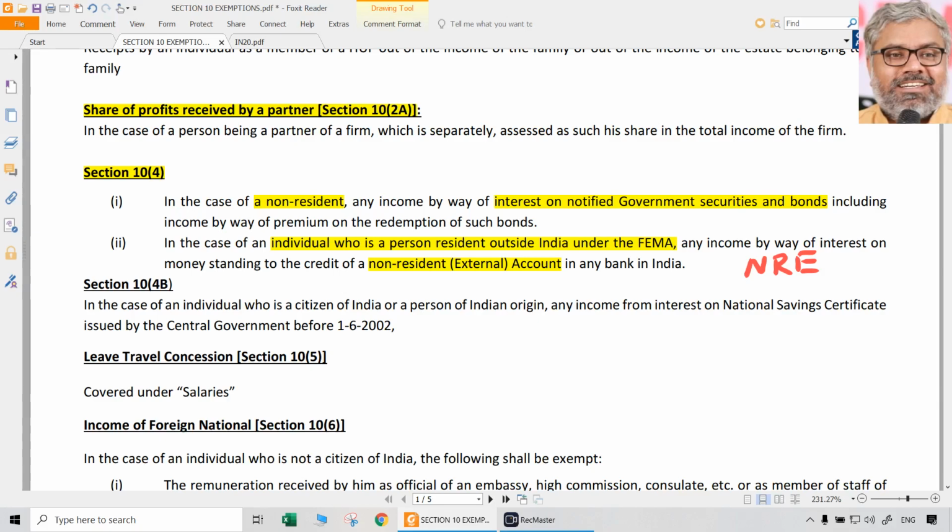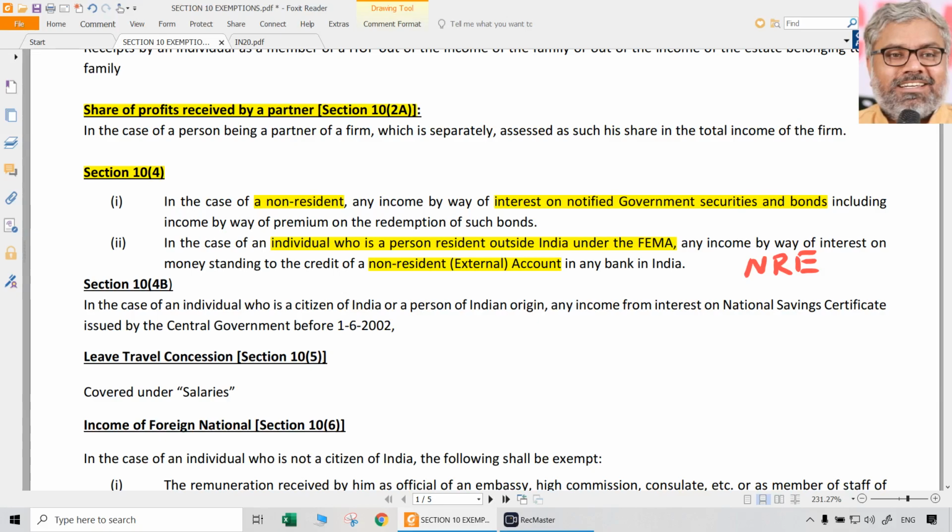account. One feature of this account is that the person can deposit money into it only from outside India. This account is operated in India, in any bank in India, but deposits can happen only from outside India. For example, imagine a non-resident Indian staying in America has an NRE account in India.